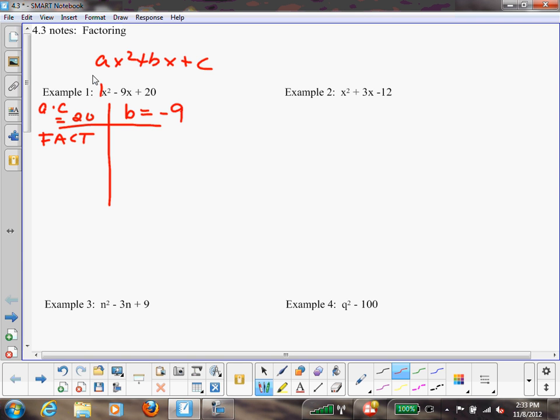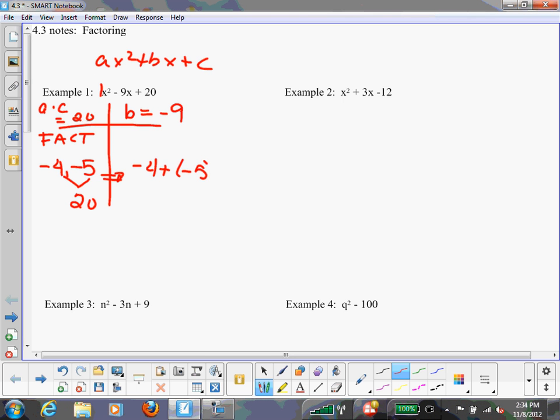A negative times a negative is a positive, and a negative plus a negative is a negative. So negative 4 and negative 5, when I multiply, gives me positive 20, and when I add, gives me negative 9. So I know that that is my correct factors that I want to use.